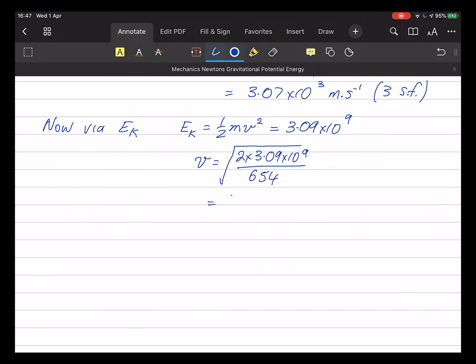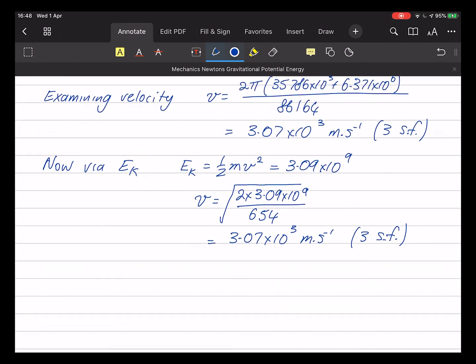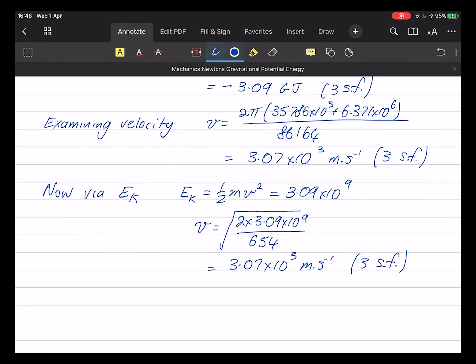And with any luck, you'll get the same result as earlier. 3 significant figures. All right, so energy calculations can have their uses, but not always necessary.